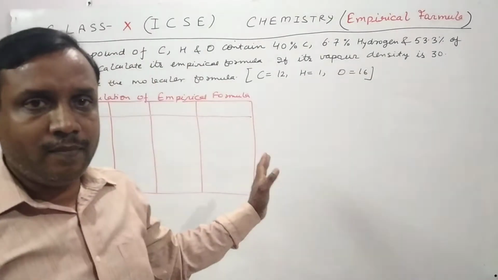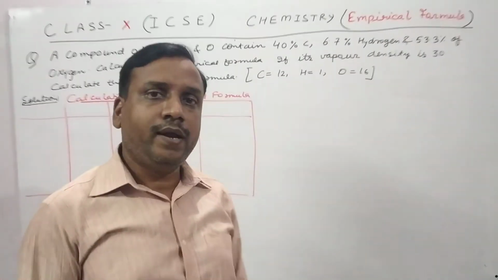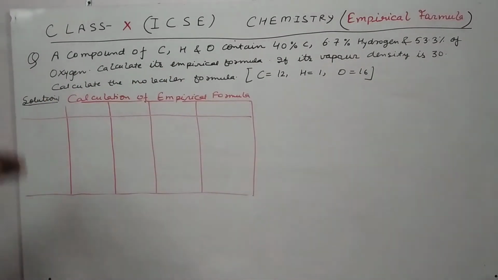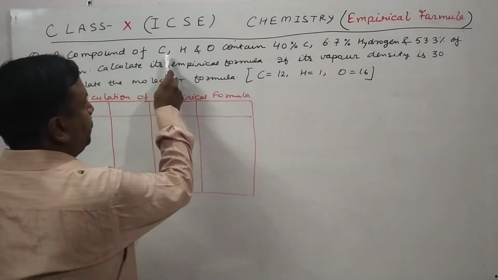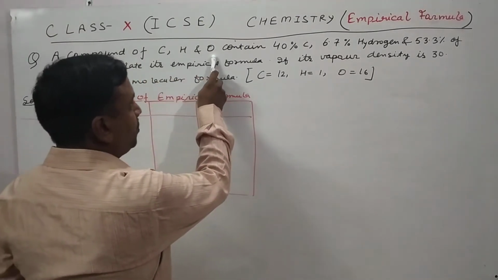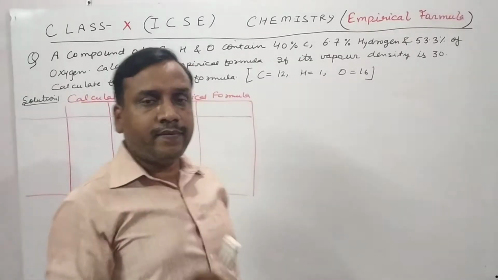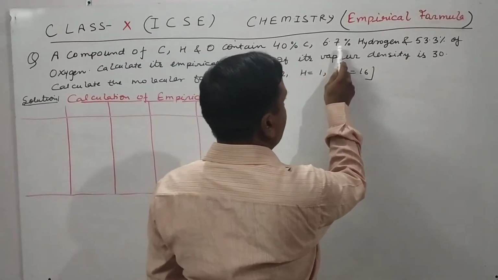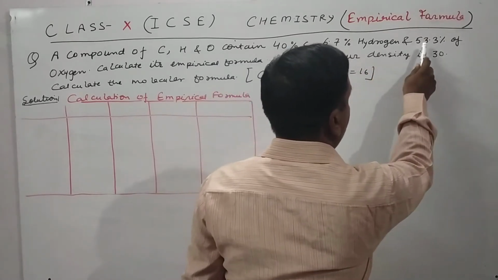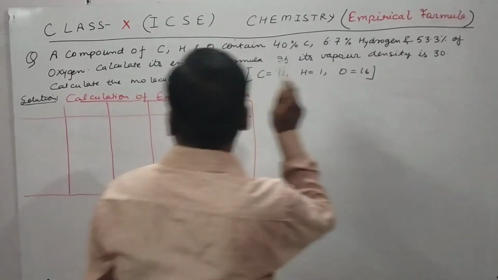This is a numerical based on empirical formula and molecular formula. What is given in the question? A compound of carbon, hydrogen and oxygen. 3 elements are given along with their percentages: 40% carbon, 6.7% hydrogen and 53.3% oxygen.